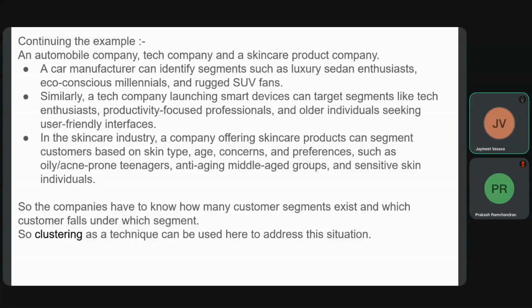Similarly, for skincare, the teenagers, the middle-aged group, and sensitive skin individuals form their own clusters. So this is how clustering is helpful to the company, and can be used in order to get better insight.